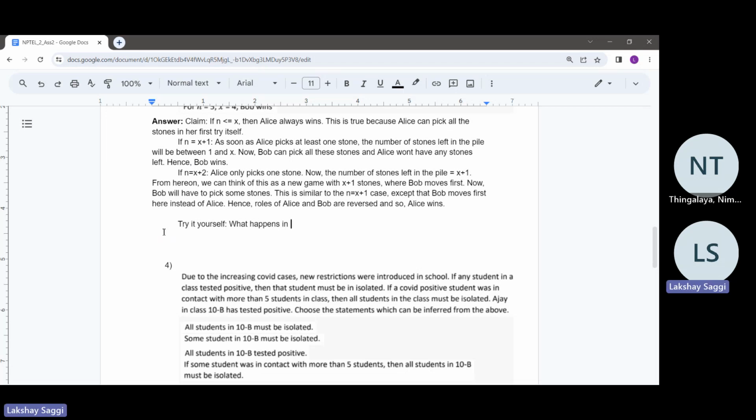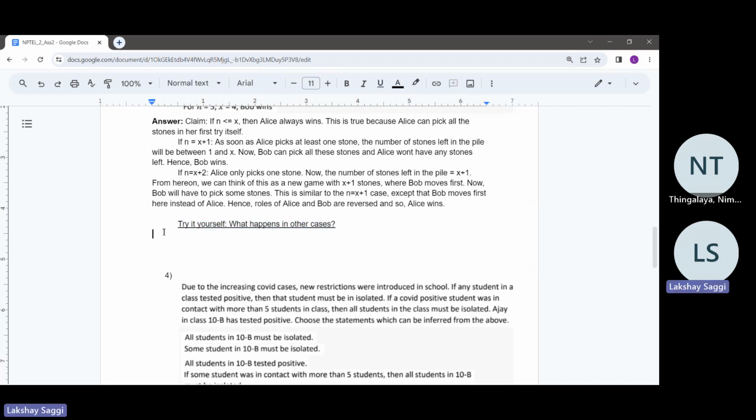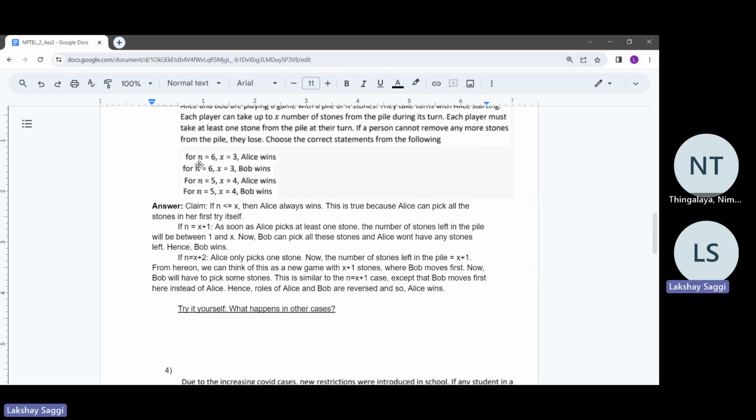What happens in other cases? You will get some hint from these problems. I'll also show you for the case n equal to 6 and x equal to 3 what will happen, and maybe you can derive some hint from that about what will happen in all general cases.